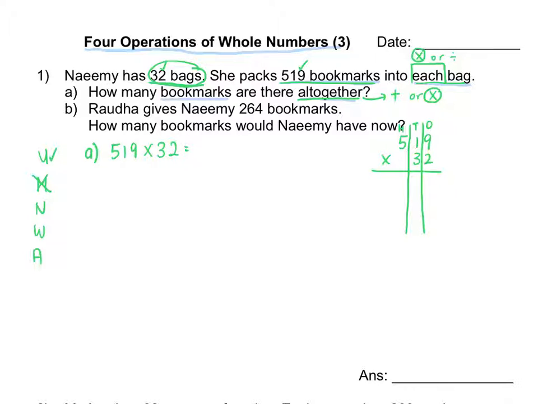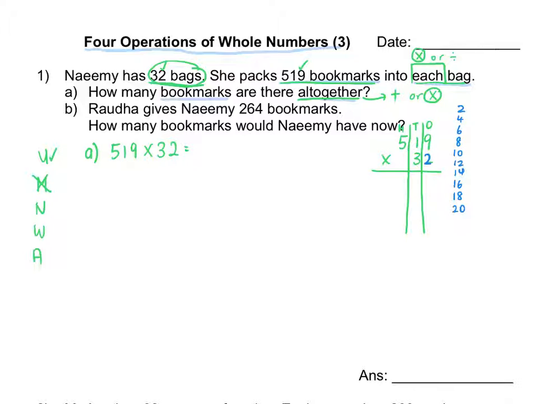After we label, we must always do the listing. Now in this case, what multiplication do we list? We list the 2 times table. Okay, so we listed out 2, 4, 6, 8, 10, 12, 14, 16, 18, and a 20.